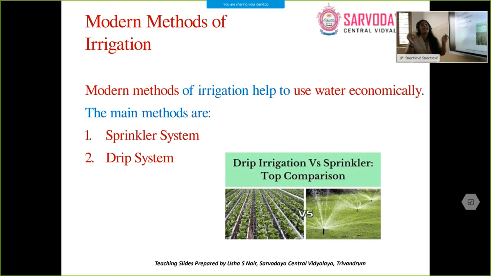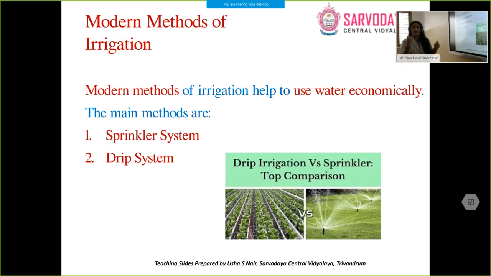So what are the modern ways? One, the sprinkler system. You can see I've given an image. And the second one, the drip system. I'm sure you must have seen the sprinkler system in most of the gardens or parks wherever you go. This will be very familiar to you.